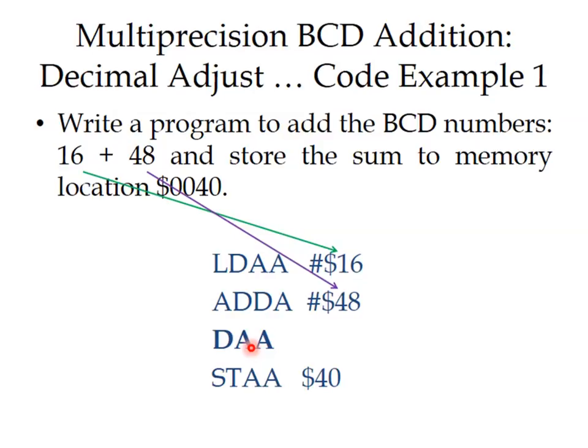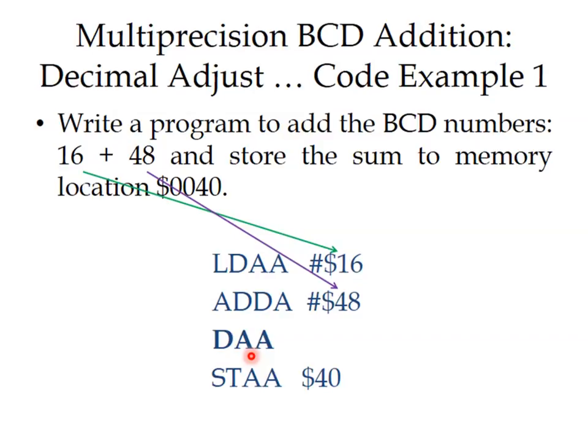Decimal adjust automatically fixes the sum that you have in accumulator A. That means it actually adds 6 to every single column which needs to be fixed. But you don't have to do anything in addition to writing this one single inherent instruction. Now after this line DAA, your sum is fixed and stored in A.